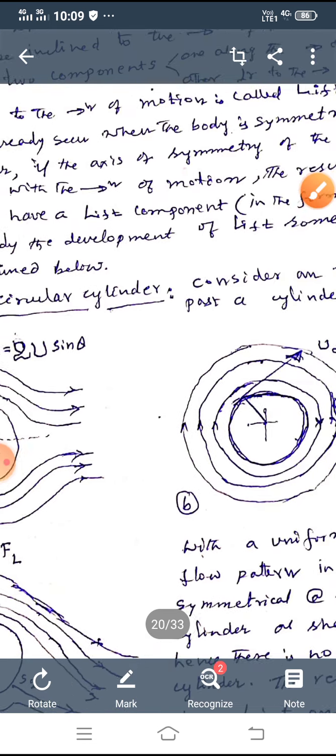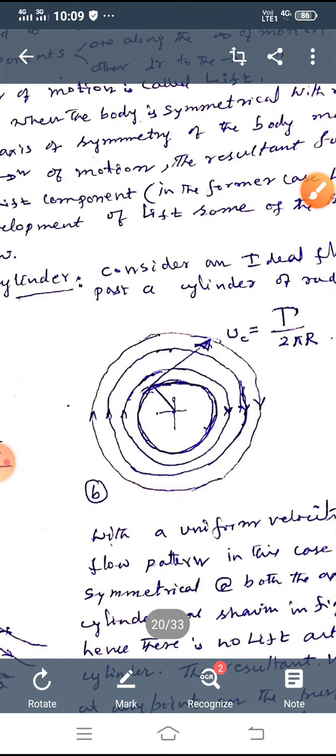Now, in the second figure B, when a uniform circulation is imparted onto the rotating cylinder, then the peripheral velocity uc will be equal to the applied circulation divided by 2 pi r, where r is the radius of the circular cylinder.